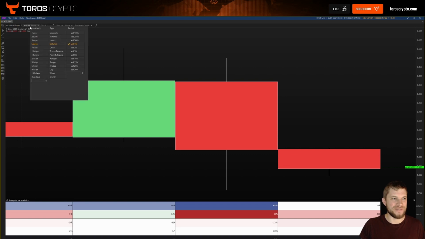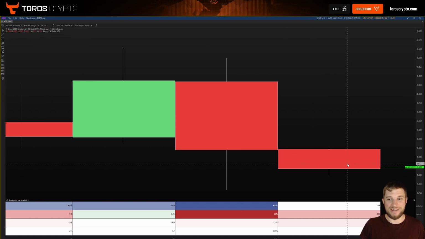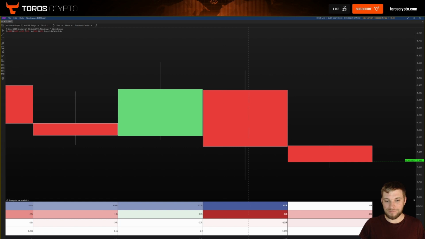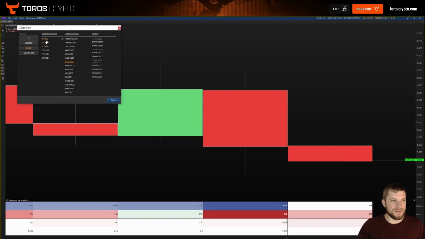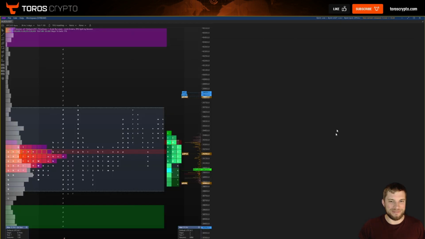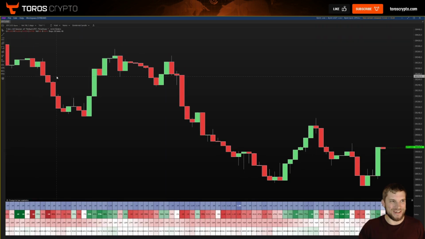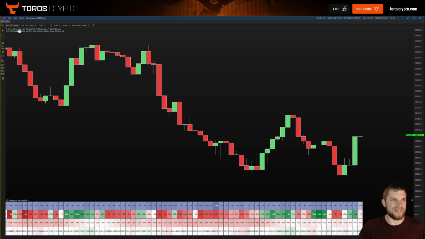So if we have this as volume 1 million on Alice USDT, you've actually only got basically one candle per day printing here, because it just doesn't have enough volume to really sustain that kind of data. So you're going to have to be taking that down to a much lower amount. So that is your volume, and let's go back onto Bitcoin and away from the little altcoins, which aren't particularly useful with that kind of setting.